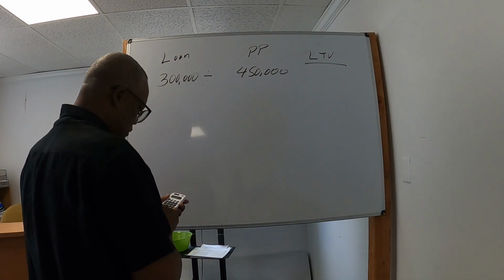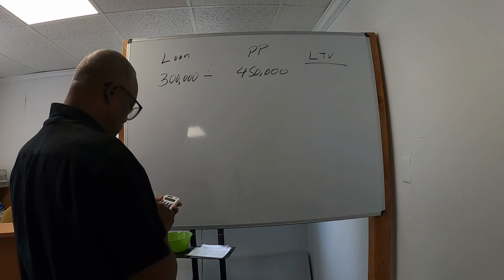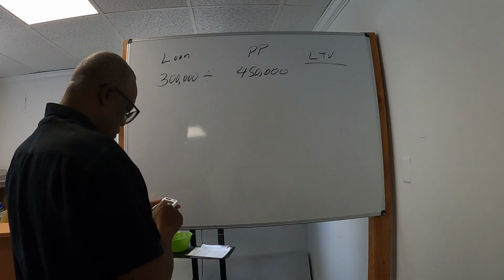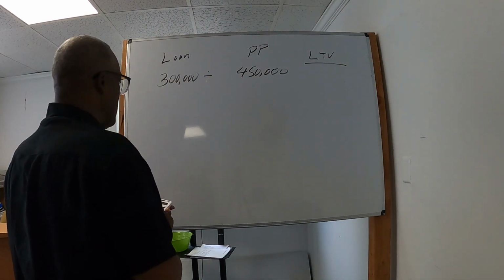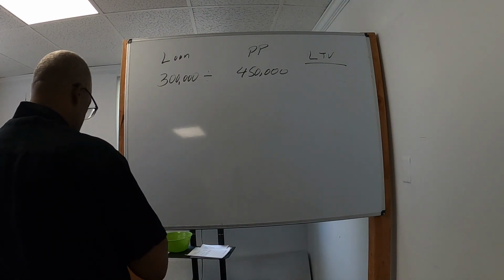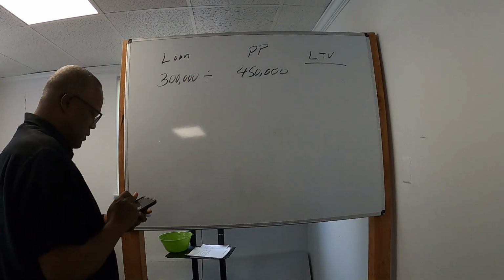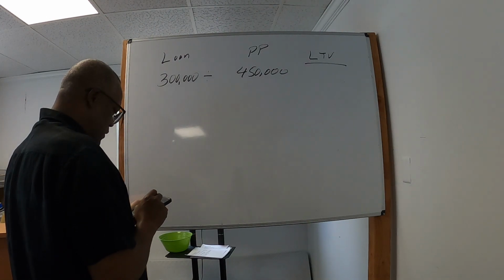So we got 300,000 divided by 450,000, and that can't be right. I'm going to use the calculator on the phone because this one is not working for me.